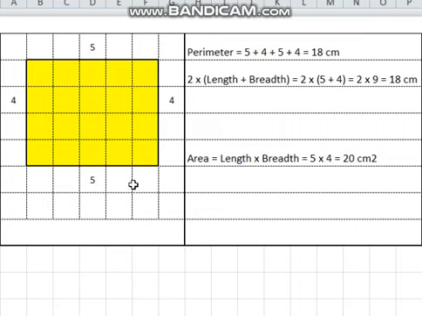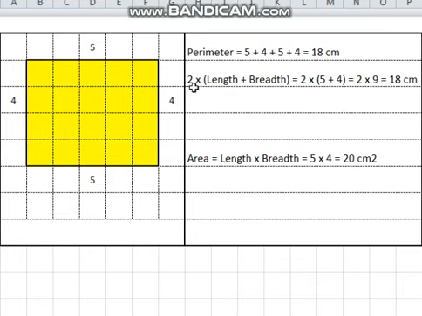Now let's see the rectangles first. How to do the perimeter? Please remember how to do perimeter. We start measuring from this upper left-hand corner. So you see 5 plus 4 plus 5 plus 4, and then it becomes 18 centimeters.